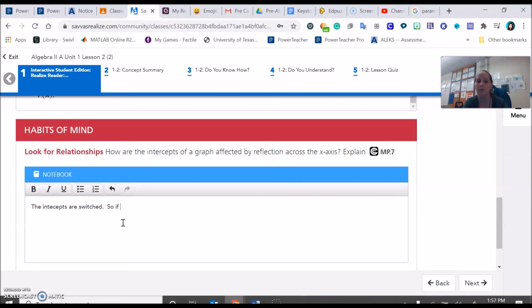If the y-coordinate was positive, then it becomes negative, and if the y-coordinate was negative, it becomes positive. That's something specific to the x-axis. If you're reflecting across it, the y is what changes.